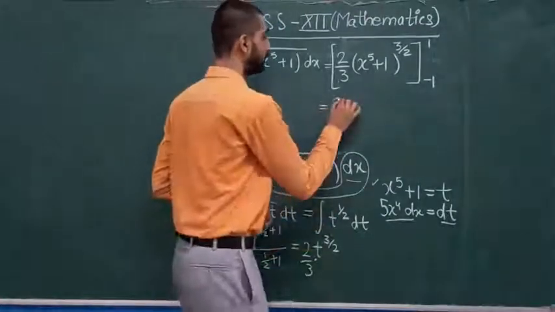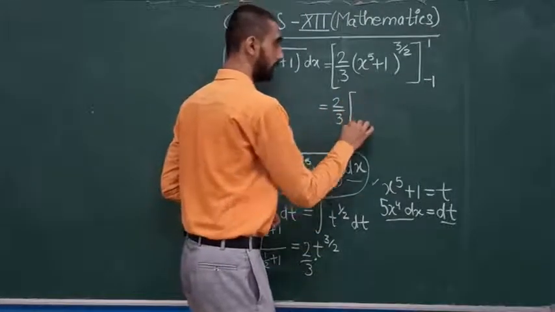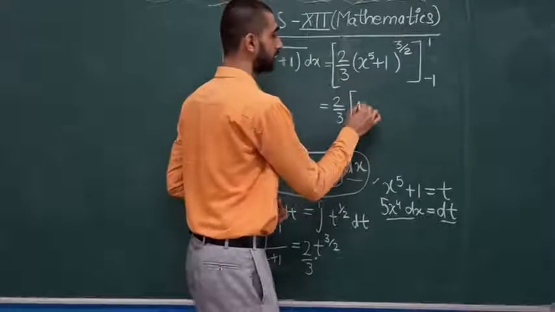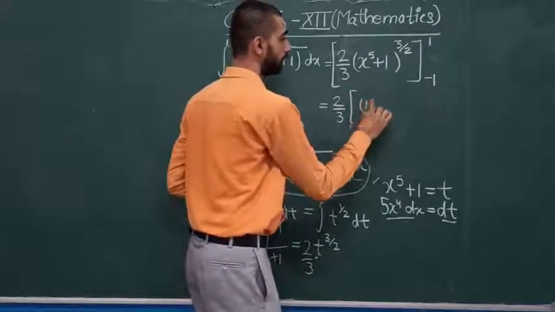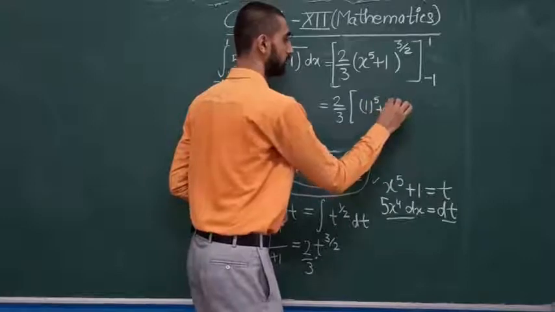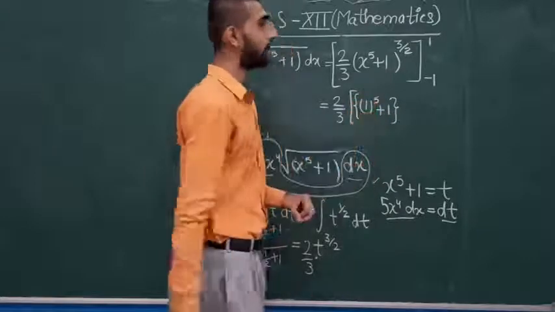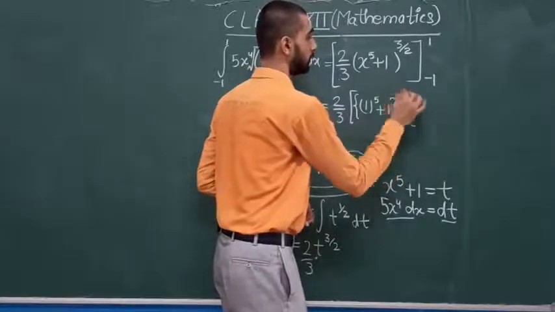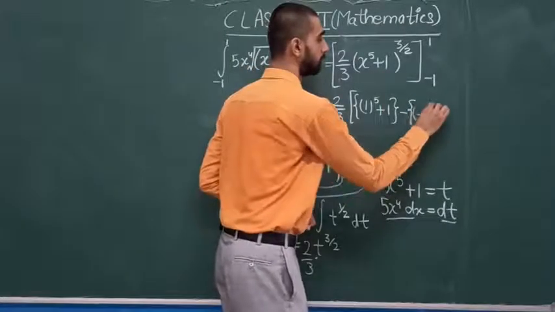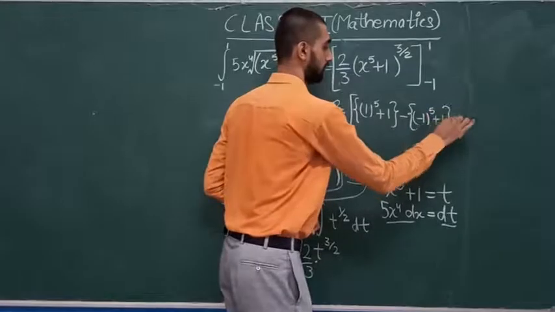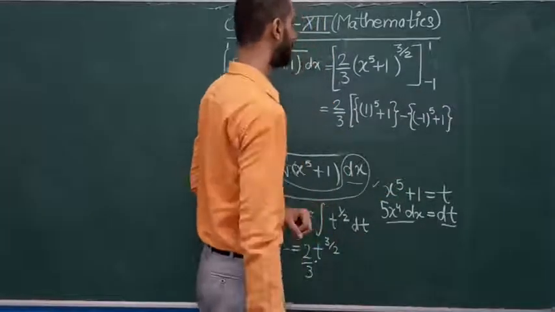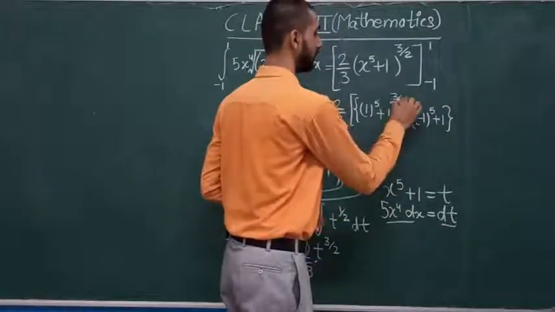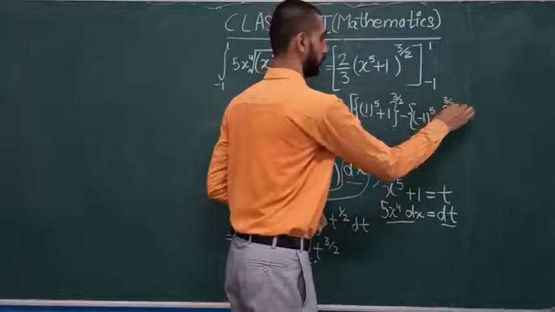It will become 2 by 3 common, and the value of t is 1 to the power 5 plus 1. This is the value of the upper limit, minus the lower limit, which is -1 to the power 5 plus 1, and the powers are 3 by 2 and 3 by 2.